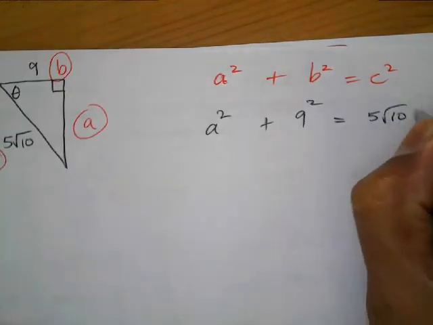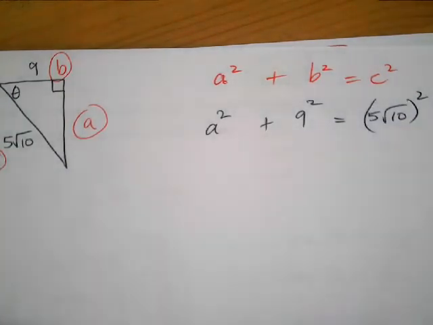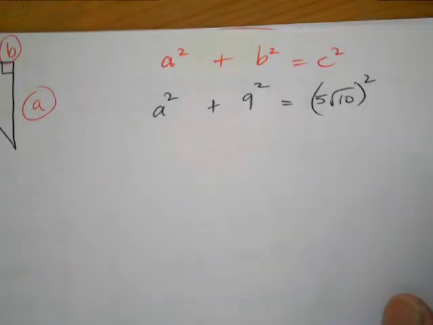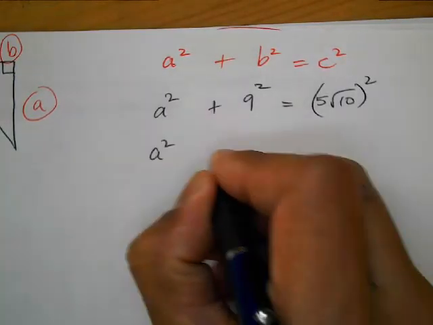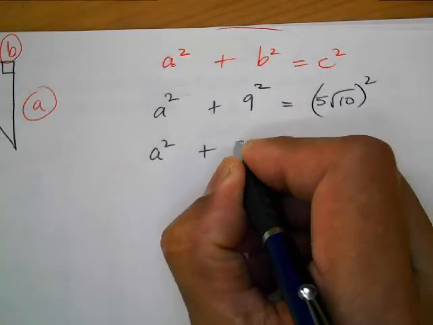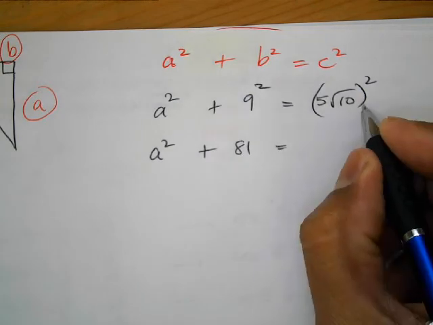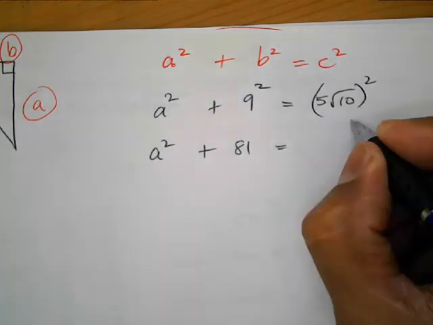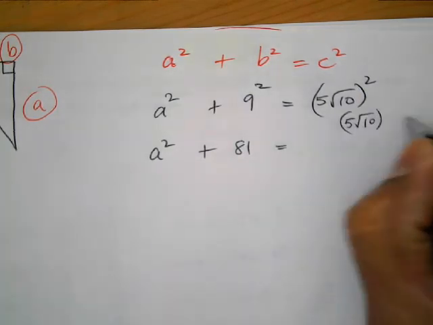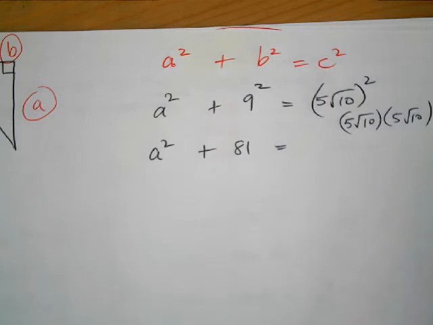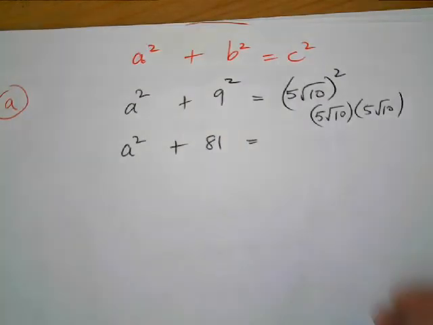5 root 10. And I got to square that. That's where you got to watch out right there. Okay, so that's going to be A squared plus 9 times 9 is 81 equals, and here, this is a 5 root 10 times another 5 root 10. That's going to be what?